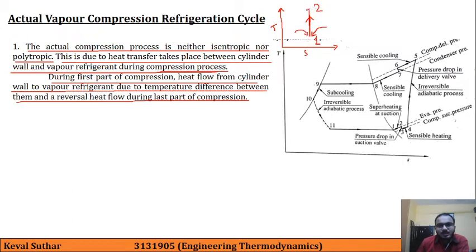And at location 2, the temperature is high, so heat will be rejected to the environment through the same cylinder wall. So that's why it is written here that there will be a reversal of heat flow during the last part of the compression. So that's why there will be a slight deviation from the ideal compression process.